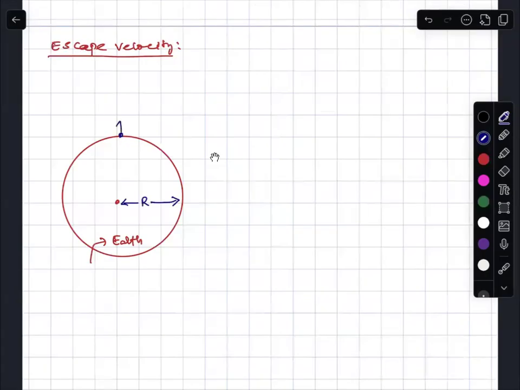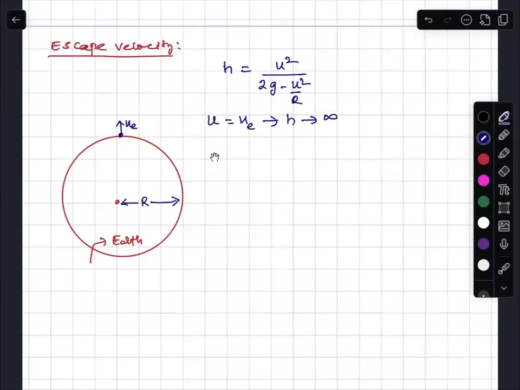I want to project with some velocity u_e so that it will never return back. What is the formula for maximum height? Just try to remember u²/2g. When u becomes u_e, H tends to infinity.